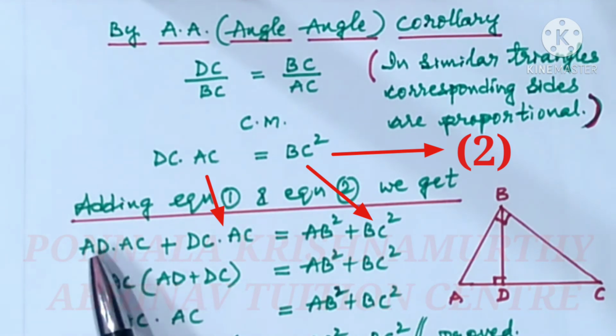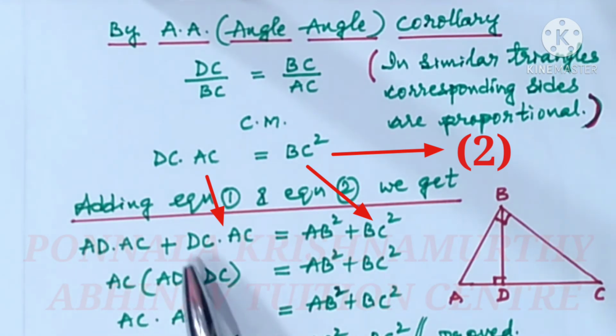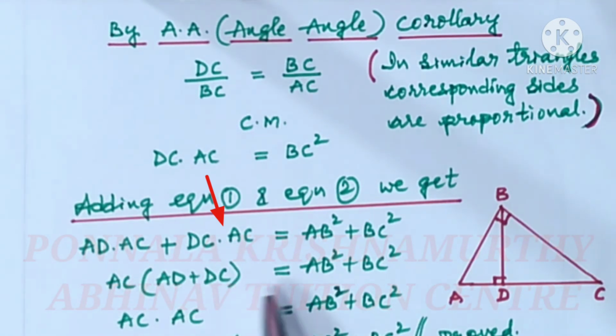Then here AD remains plus here DC remains is equal to AB square plus BC square. From this triangle, we know that AD plus DC is equal to AC. So we write AC into AC in place of AD plus DC. That is equal to AB square plus BC square.